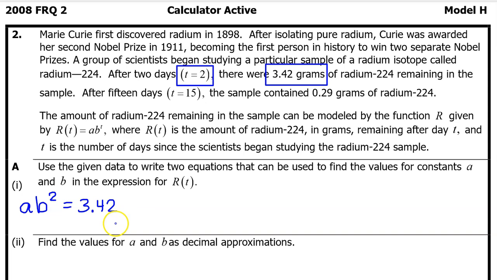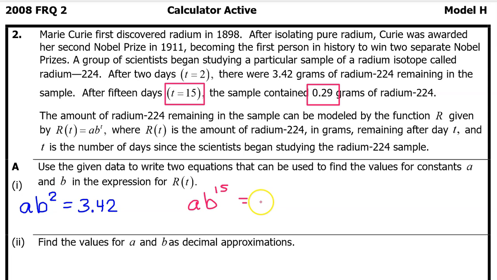So the first equation is a times b to the second power is equal to 3.42. Similarly, this input-output pair leads to the equation a times b to the 15th power is equal to 0.29.